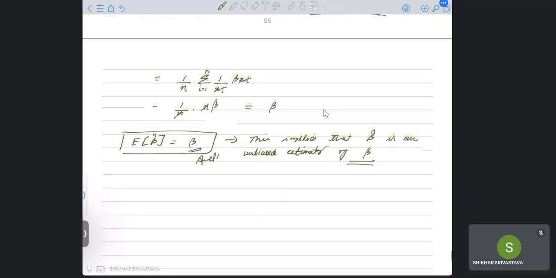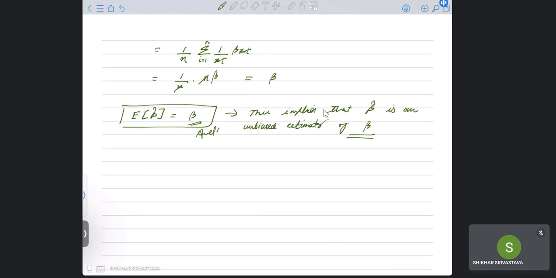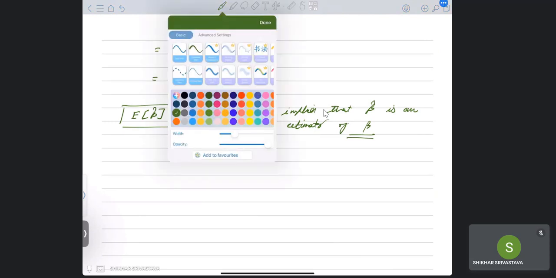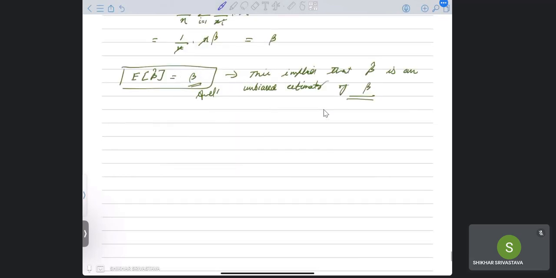Now similarly, they have one more question. Question 3.